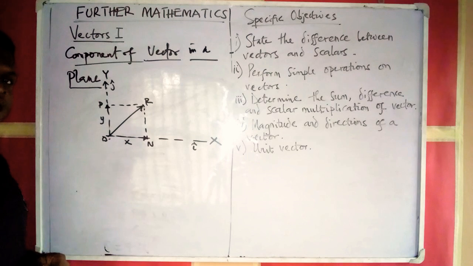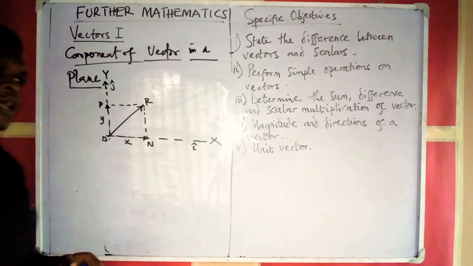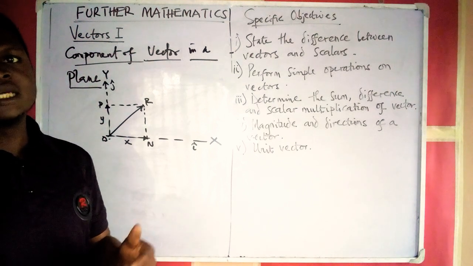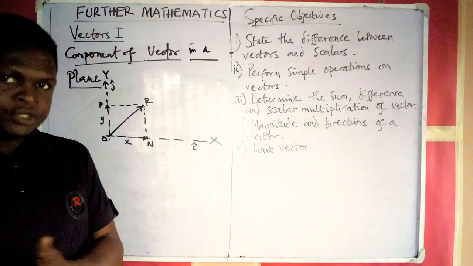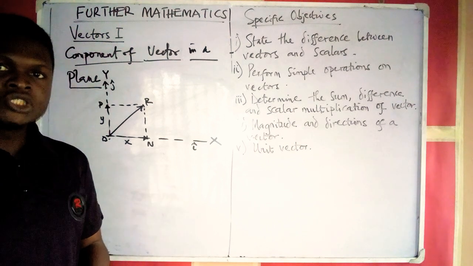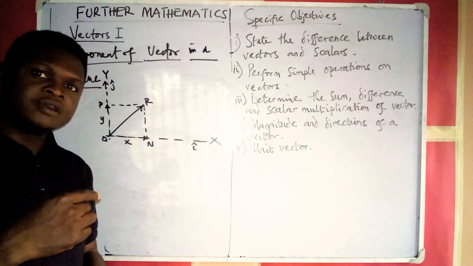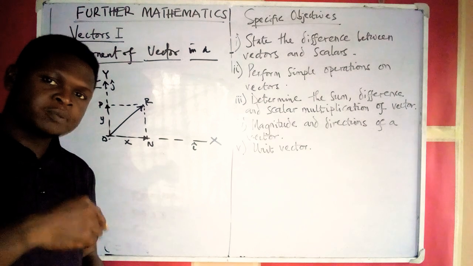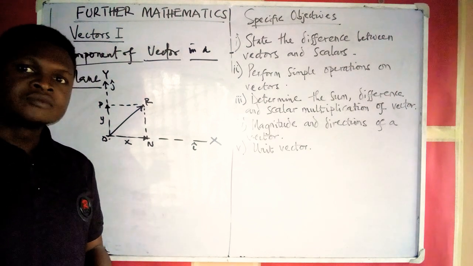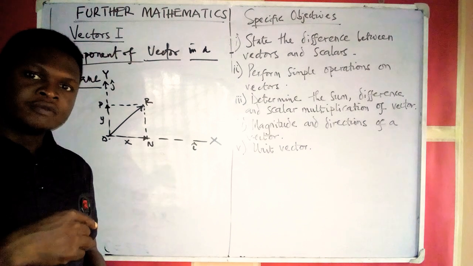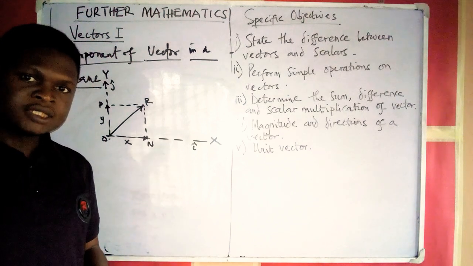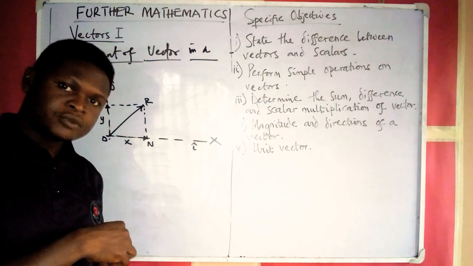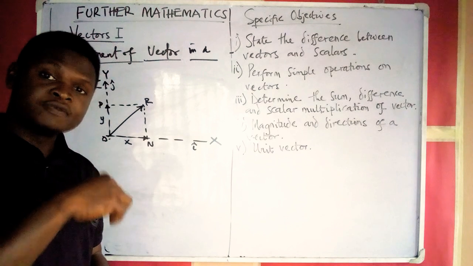Now, I want to say something about the position vectors. When you have two points, let's say A and B, in the sense that A is the reference point of B, then there is what we call a position vector. If we have a line joining A to B, in the sense that A is the reference point of B, then we say that the vector from A to B is the position vector of B relative to A. I will take it again.